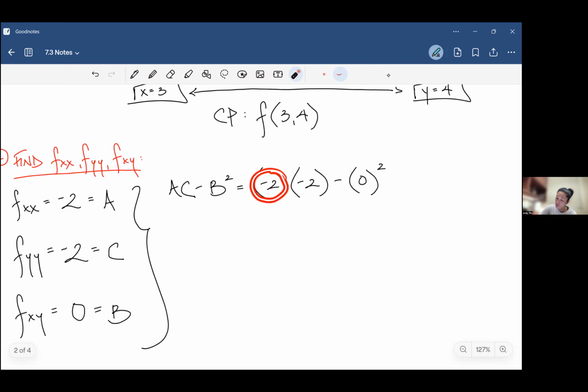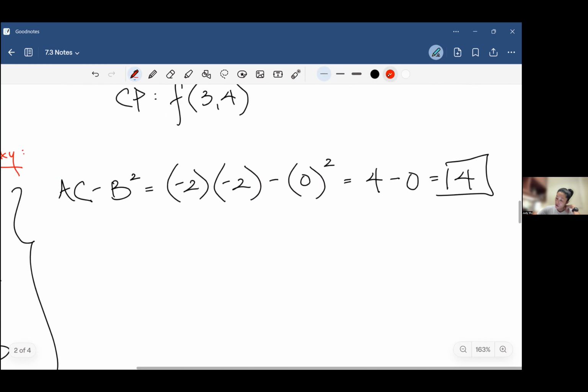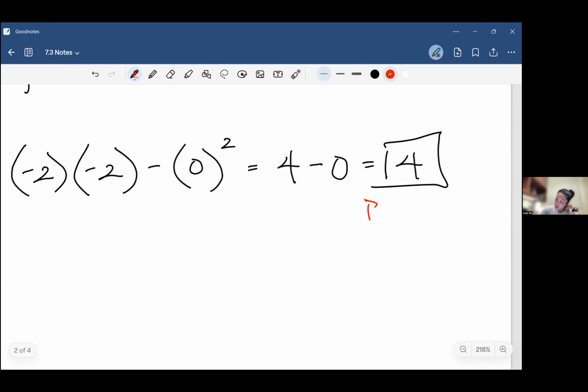So -2 times -2 is going to give me a +4, minus 0 gives me a +4. Now, what's important is not really that it's 4. What's important is that it's positive, okay? So the important piece here is that it is a positive value.